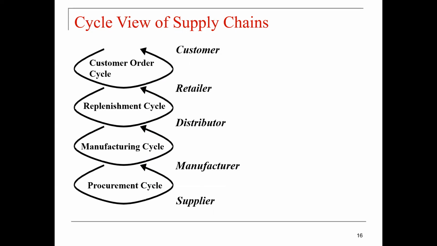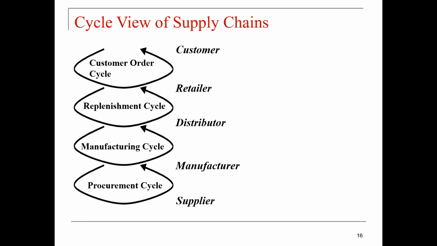So if we have products that are sold only during Christmas, or products that are only sold during summer, and so on. We have the replenishment cycle, which involves the retailer and the distributor. We have the manufacturing cycle, which involves the manufacturer and the distributor. And then we have the supplier cycle, or the procurement cycle, between the manufacturer and the supplier.